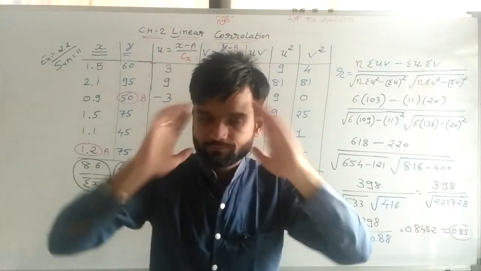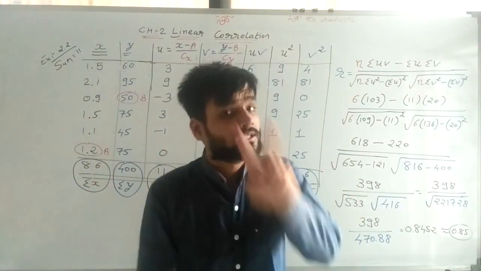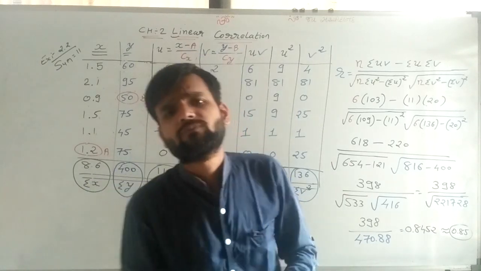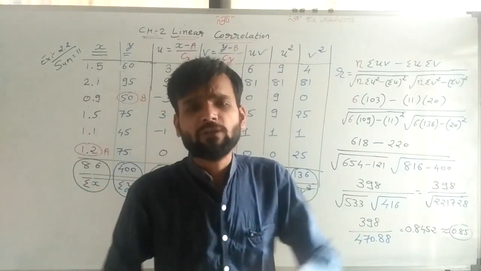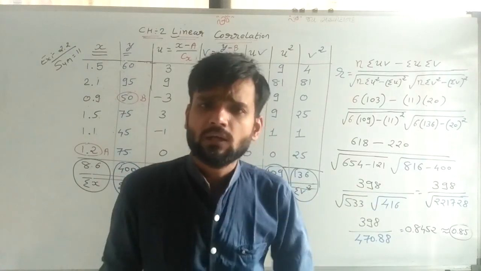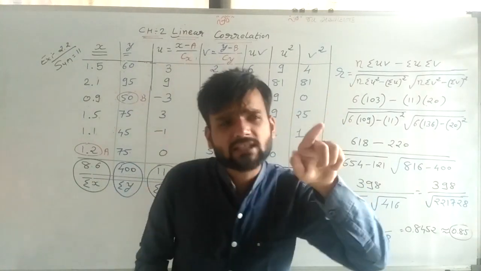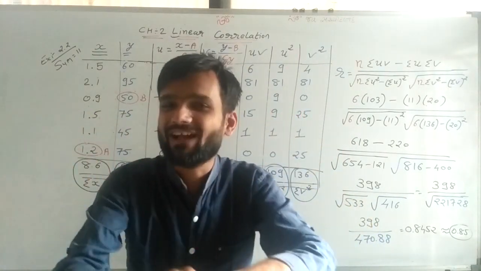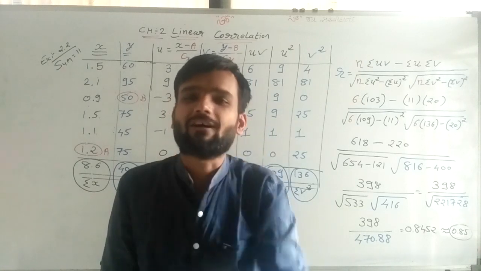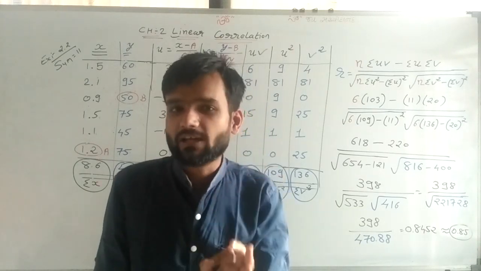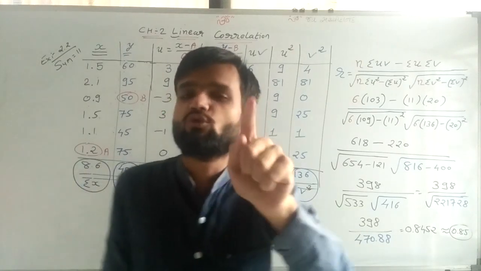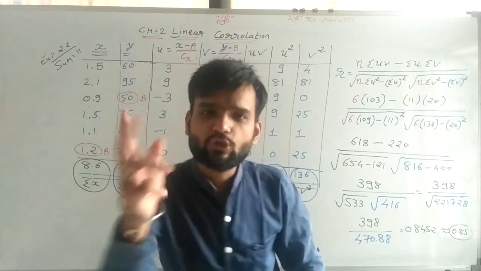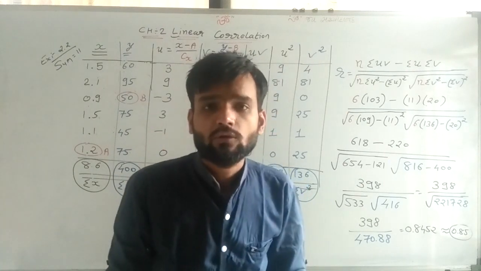So the first rule is clear. Second thing, in which situation are we using the second formula? In the second formula, think, sigma xy, sigma x, sigma y are required, and that's why you need to find x into y, you need to find x square, you need to find y square.